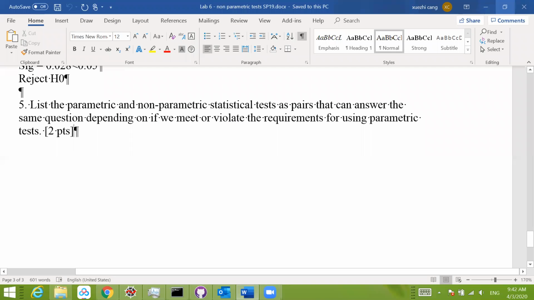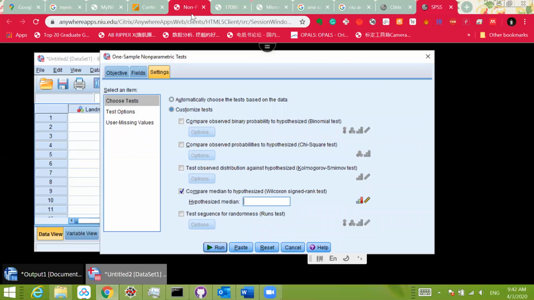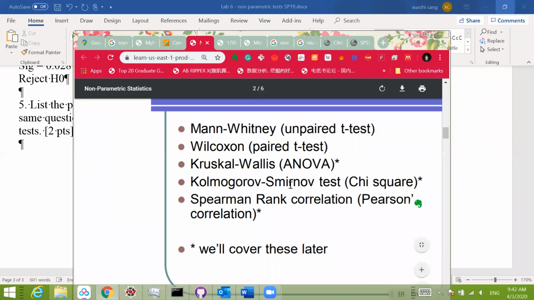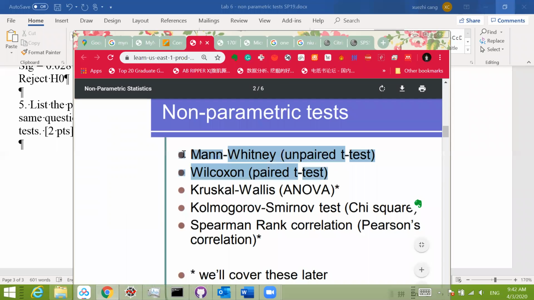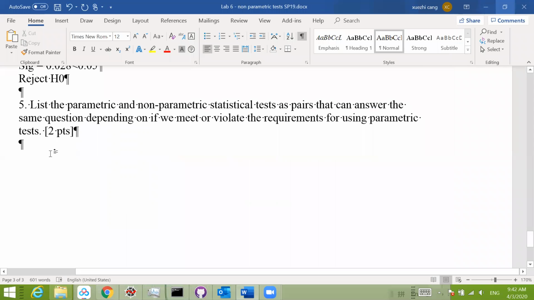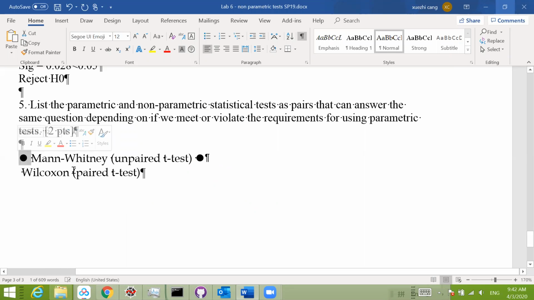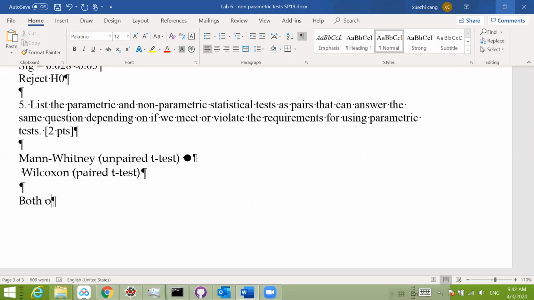For this question, we can see the Mann-Whitney method is for the unpaired t-test, and Wilcoxon is for the paired t-test. And both of them are corresponding to the two sample t-test.